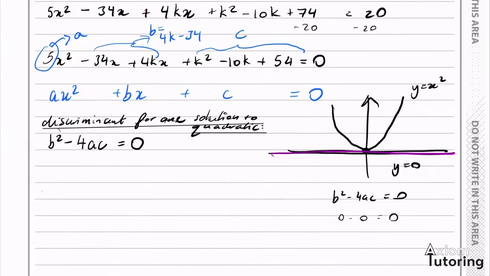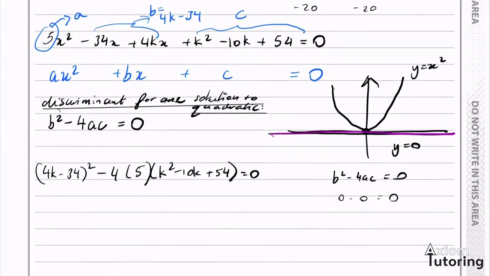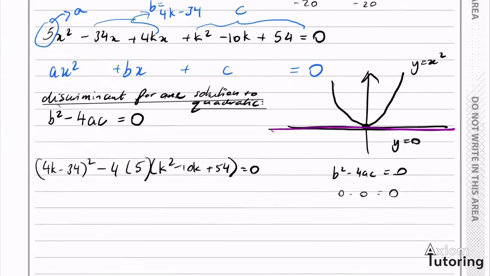So for b, we have 4k minus 34 all squared minus 4 times 5 times k squared minus 10k plus 54. And that equals 0. Okay, so let's multiply out these individual terms now.